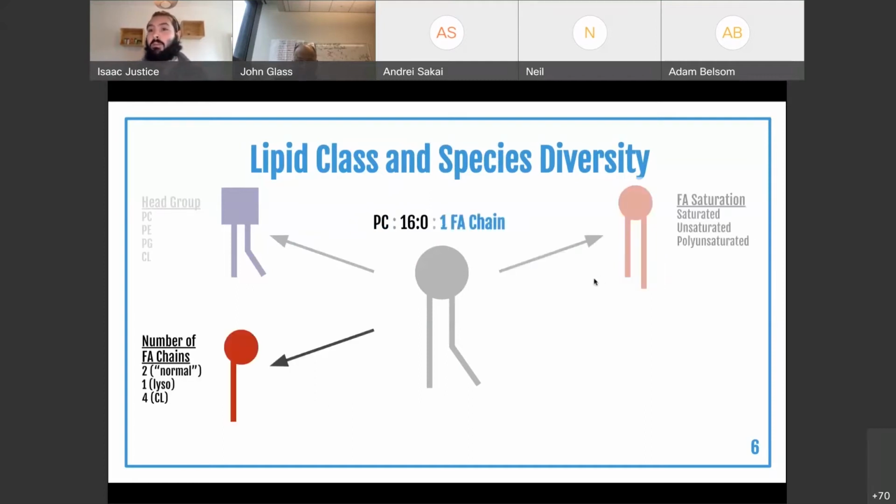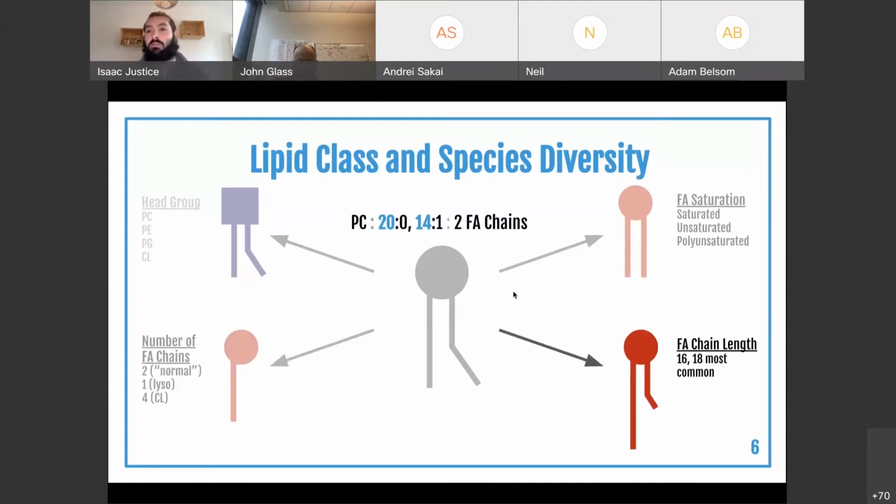They can also have varying numbers of chains. Lysolipids only have one chain, while some species of lipid, like cardiolipin, have 4 distinct chains. And finally, the number of carbons in the acyl chains can be different, and this will adjust the thickness of the membrane. This means that life has access to a tremendous toolkit of lipids with which to build its membrane.